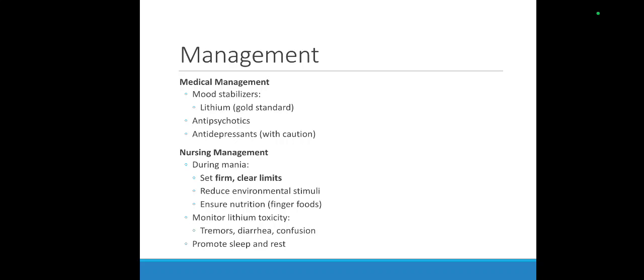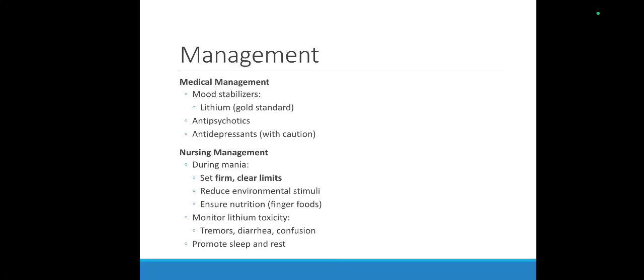And then we have antidepressants, but you need to be cautious because there is a type of bipolar disorder where the patient may not experience that much depression, or is not experiencing any depression at all. So nursing management may include, during mania, setting firm and clear limits.